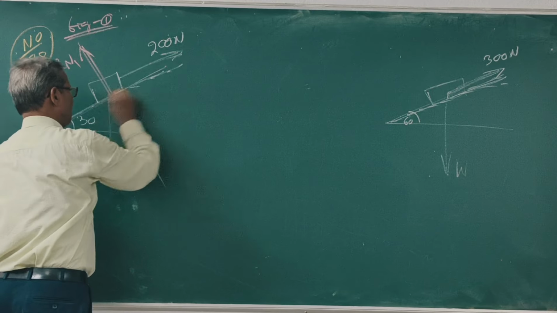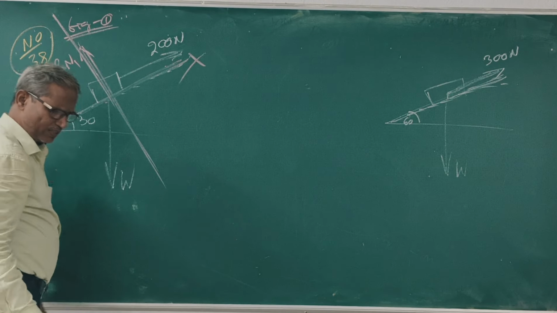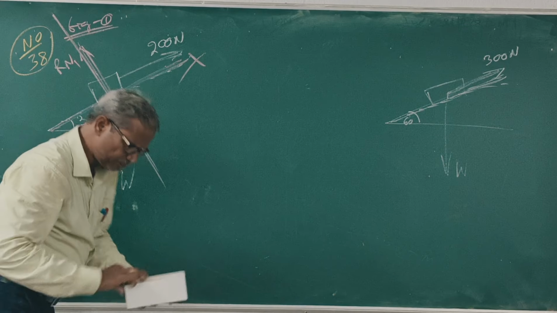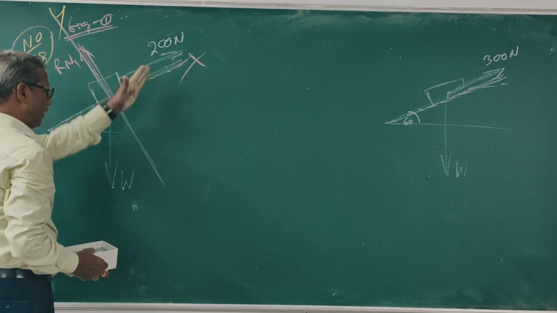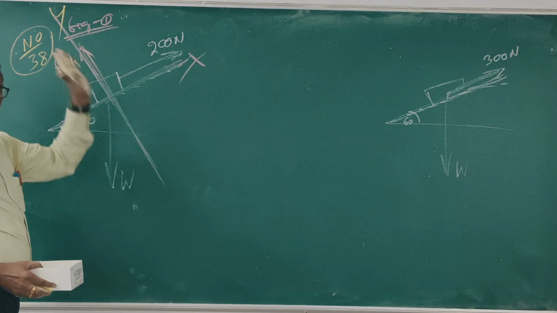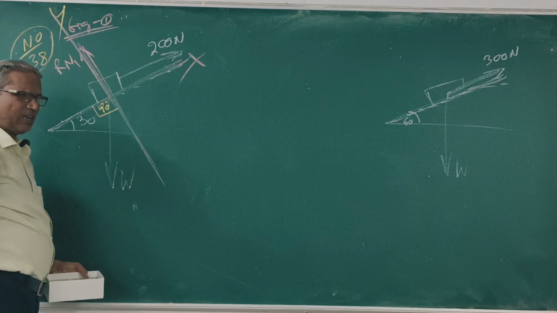Clear? This is the x-axis, this is the y-axis. Both are 90 degree. Clear? What is this angle?